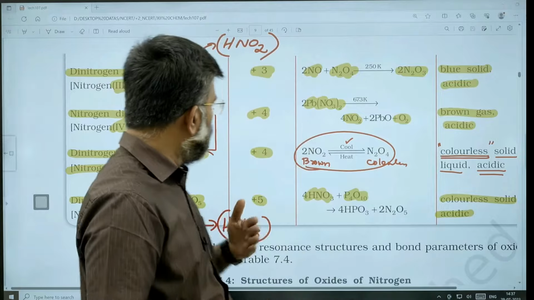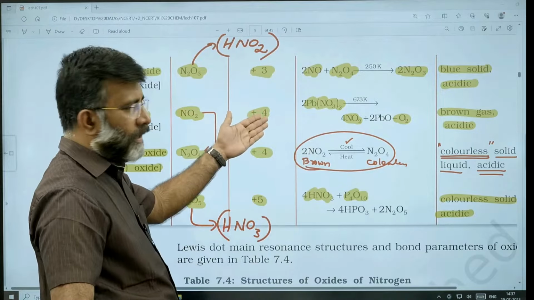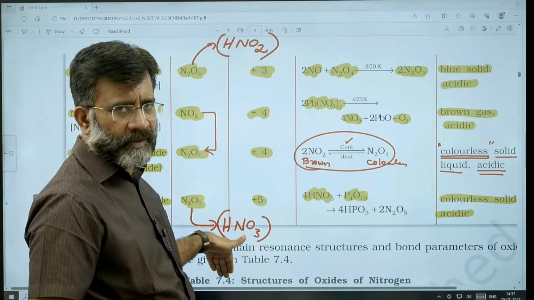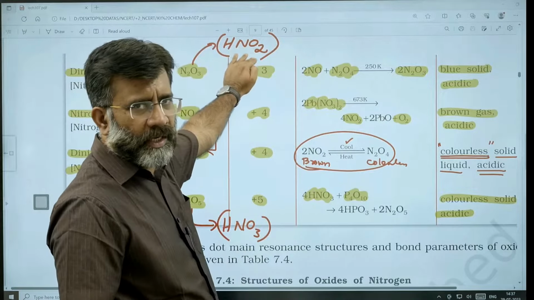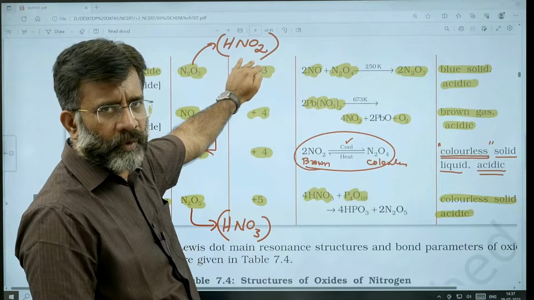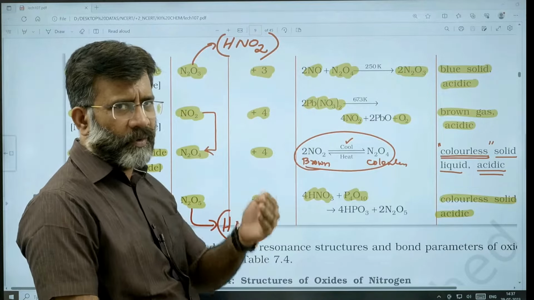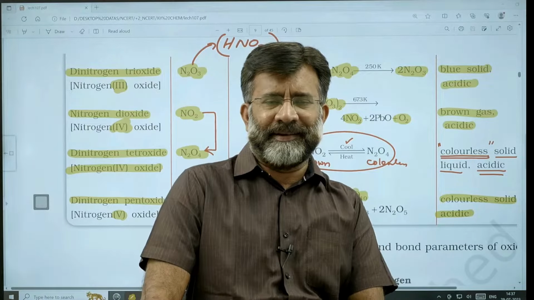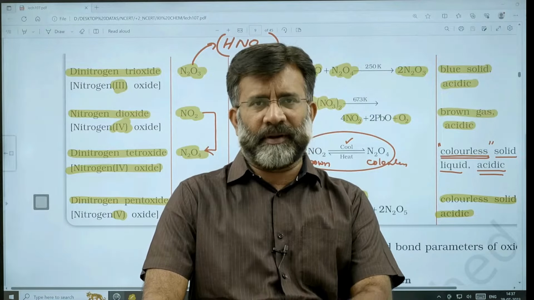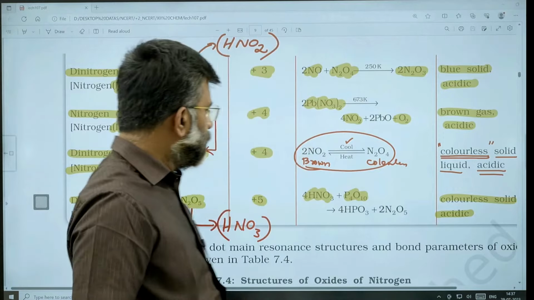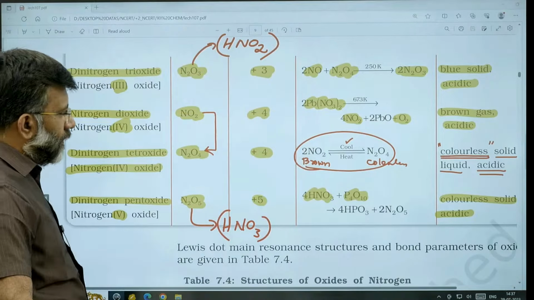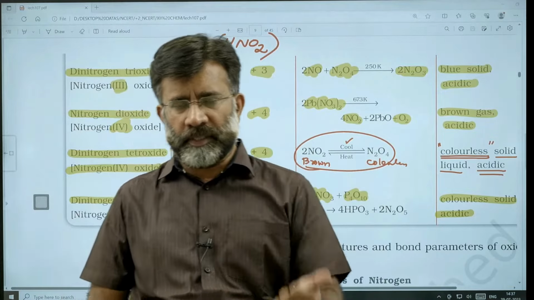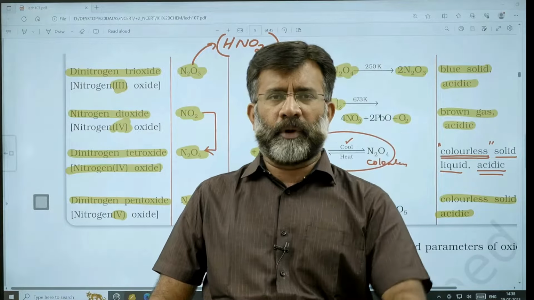For example, NO2 plus 4 state, it can go to that side and this side, mostly to this side because that is stable and this is unstable, prepared in situ. All of you know how to prepare nitrous acid. All of you know by mixing NaNO2 with the dilute acid, you get a nitrous acid and that is prepared in situ, right? These are the important oxides and their name, formula, oxidation number, method of preparation and properties.